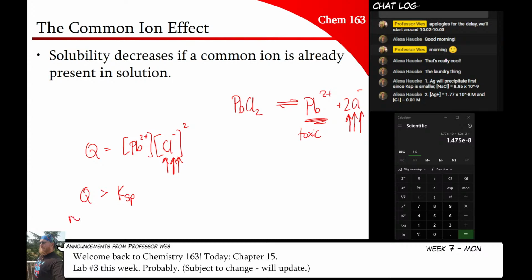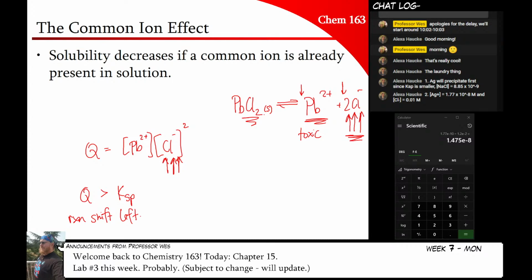And because of that, the reaction would shift left. In other words, in order for me to use up the excess chloride that I added in there, I would remove some of it along with the lead to form more of this, which is a solid, and I should have written that.